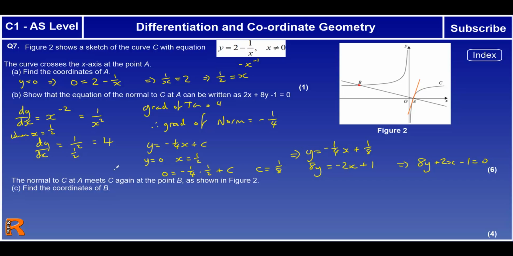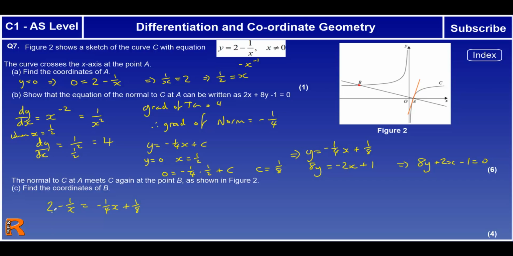This is a simultaneous equation that we need to solve. We know the y coordinate is going to be the same, so 2 minus 1 over x is going to be equal to minus a quarter x plus 1/8.